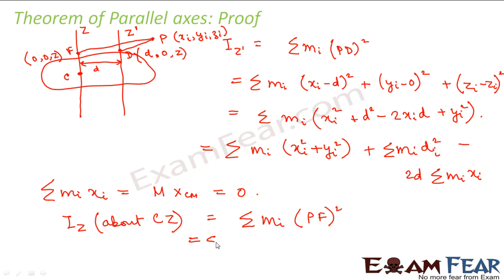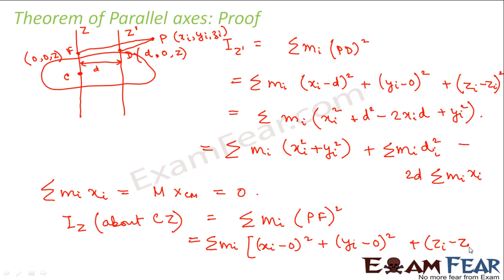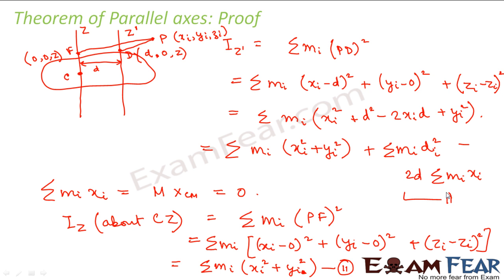So this will be equal to summation of mi into xi minus 0 whole square plus yi minus 0 whole square plus zi minus zi whole square. So this is equal to summation of mi times xi square plus yi square. This is my equation 2 and this was my equation 1.